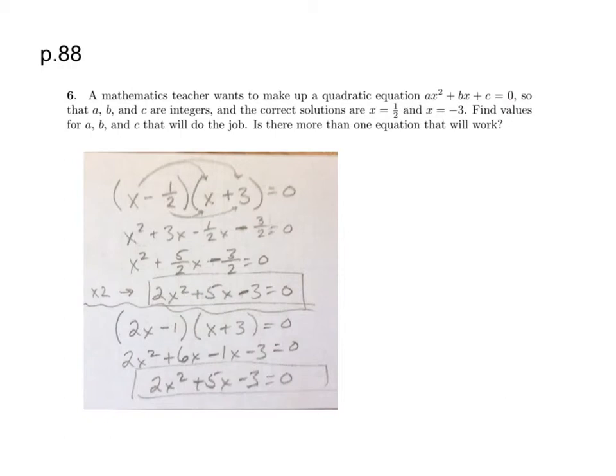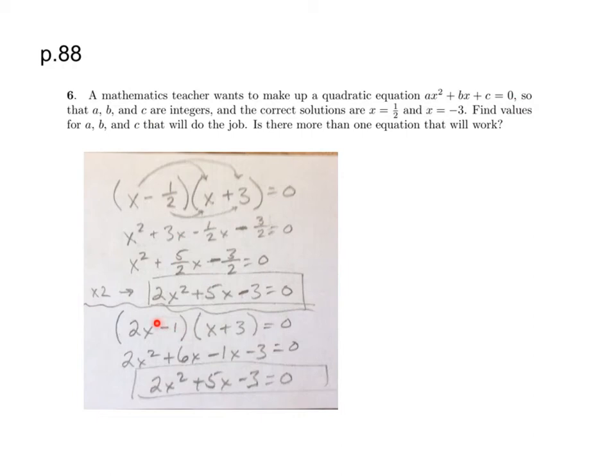Another way you could do it, this is our way number 2, is to remember that either one of these factors has to equal 0. That's why this works. So when I make x plus 3 equal to 0, x equals -3. But I made this other factor different.